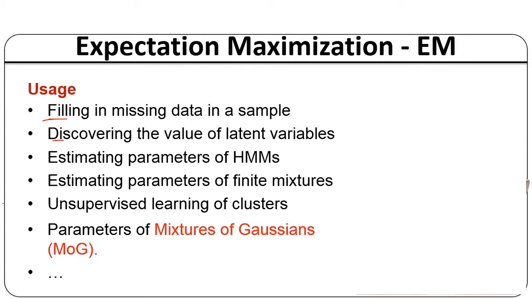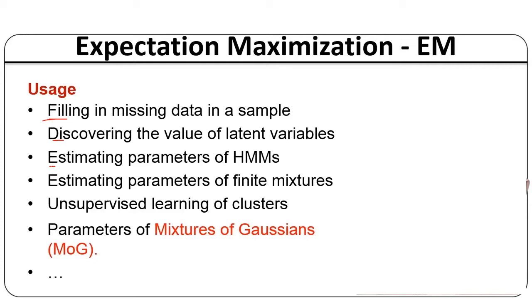Estimating the parameters of hidden Markov models. In the previous tutorials, we discussed the hidden Markov model, the different transition diagrams as well as different states, and then we calculated the probabilities of what the next possible sequence could be. So here again, the expectation maximization algorithm is used mainly in the hidden Markov model.